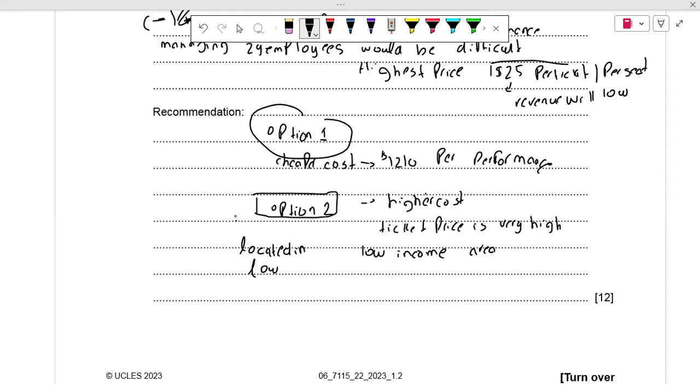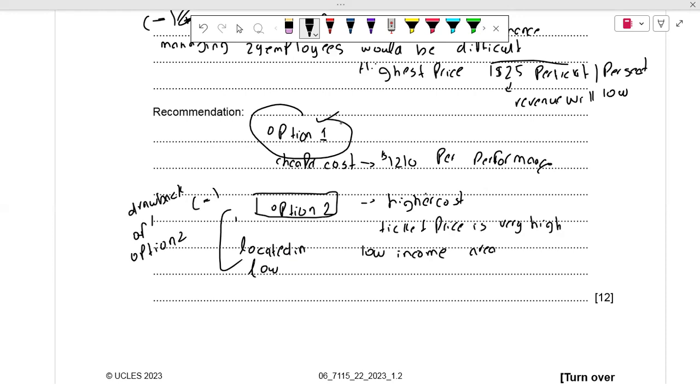Okay, so these are basically the drawbacks of option 2. So first of all, in the recommendation, you have to recommend one option.